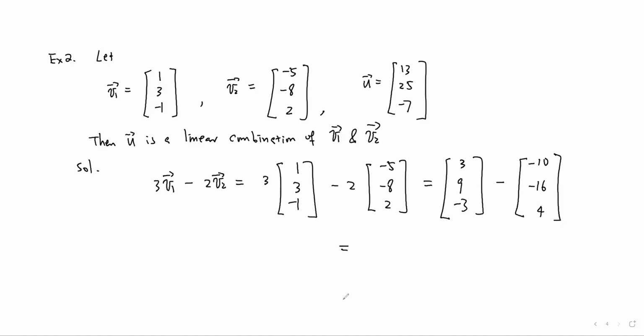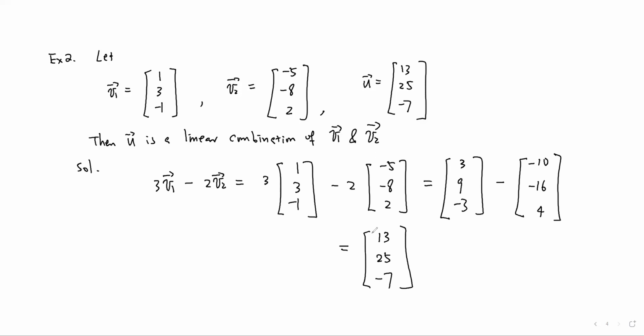Now, subtraction. A vector minus a vector is a new vector obtained by subtracting the corresponding entries. 3 minus -10 is 13. 9 minus -16 is 25. -3 minus 4 is -7.